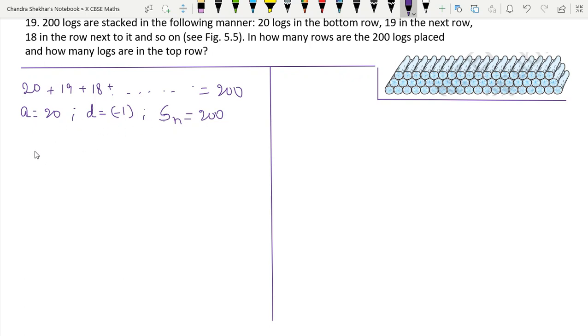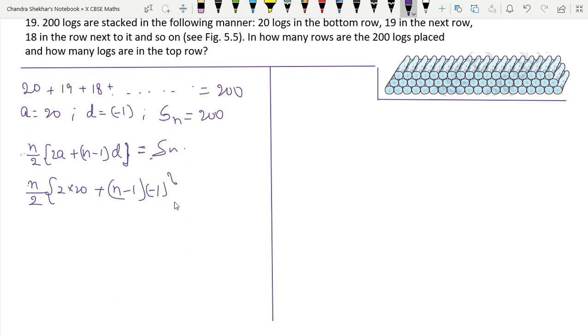So we can write here n upon 2, 2 into a plus n minus 1 d. This is equal to Sn, right? What is n? We do not know. So I put n upon 2, 2 into 20, then plus n minus 1, and d is -1. This whole is equal to 200.